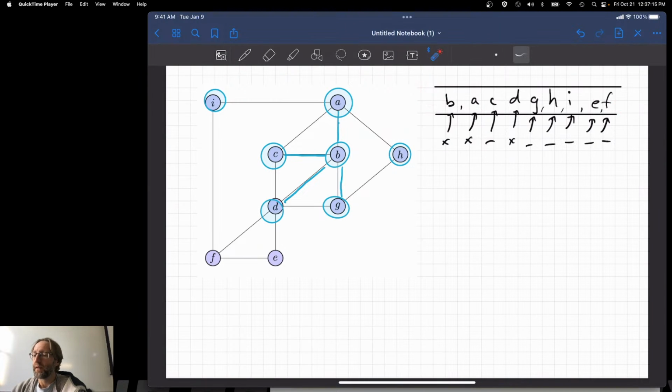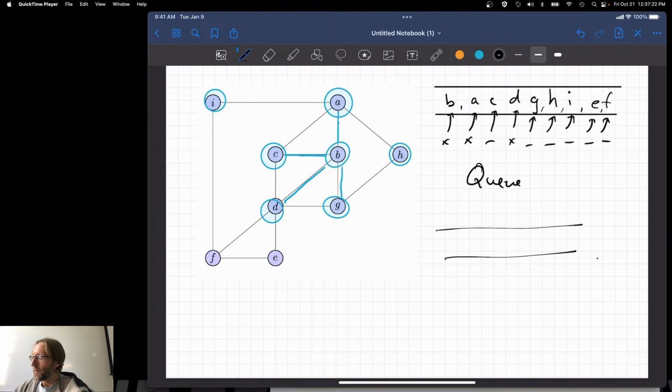That's a queue. Anytime that we discover something, we put it into the queue over here. Anytime we're done with it and we process it, we take it out of the queue. So discovery time, processing time, just like DFS, but instead of a stack, we use a queue.